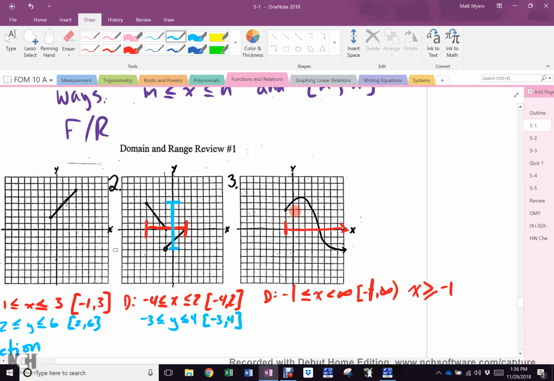And then the range. Now, a lot of kids in the other class started their range here because they saw the line started here. Do I care about the x value? Do I care about this point? Or do I only care about the y values? Y values. So my range really goes up to here, and all the way down to here, where I told you yesterday that that went flat.